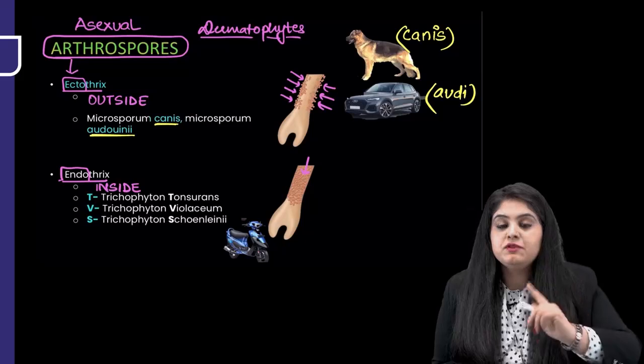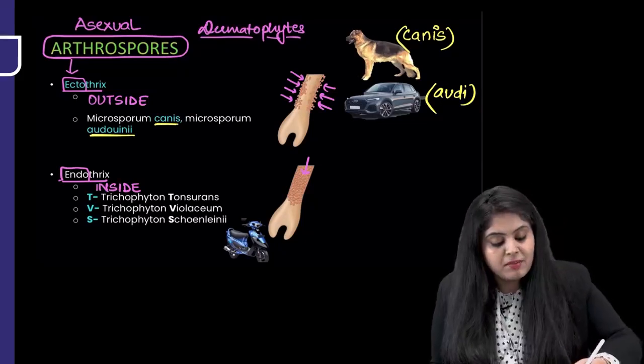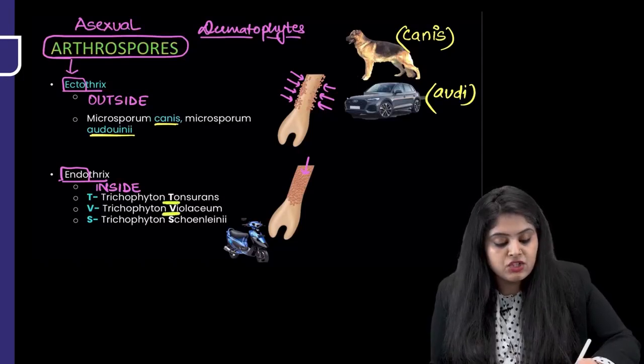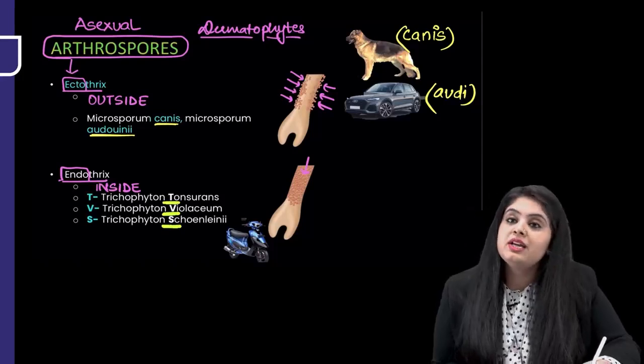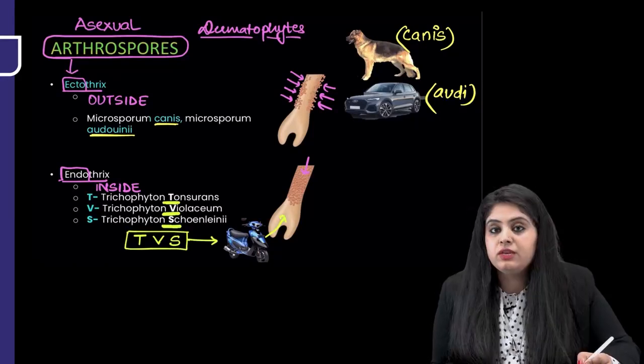TVS Scooty inside, if you want to roam around inside your locality, TVS Scooty is the best. So remember, that is Trichophyton tonsurans, Trichophyton violaceum, and Trichophyton schoenleinii. I know it's tough, but that's the only story I could think of. So remember, when you're talking about tonsurans, violaceum, and schoenleinii, the TVS Scooty is going to help you roam inside, so it will show you endothrix.